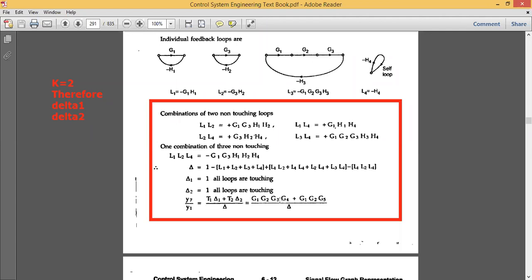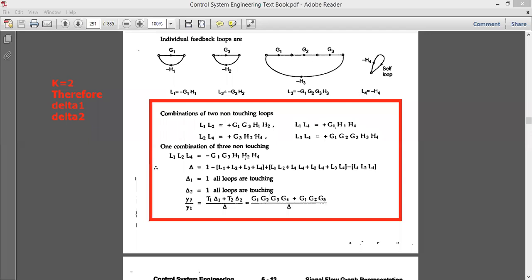So the numerator, don't change the numerator. Only the denominator is delta. So you find the value of delta, that is 1 plus, put the values of L1. So what is L1? G1 into H1, plus L2, that is G3 into H2, G1, G2, G3, and L3 and L4 are here.